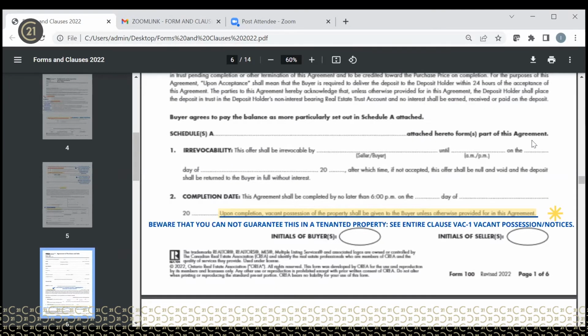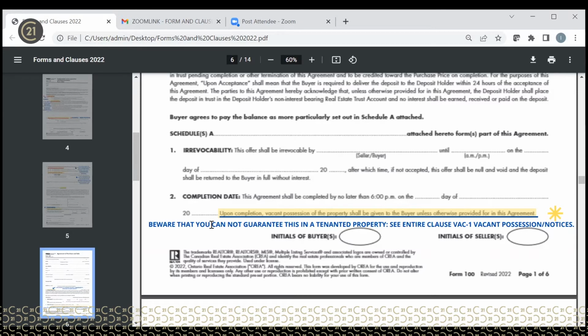The next thing I want to point out is the completion date. The completion date calls for vacant possession. Whenever you are dealing with a property that is tenanted, you cannot guarantee that you will be giving vacant possession.